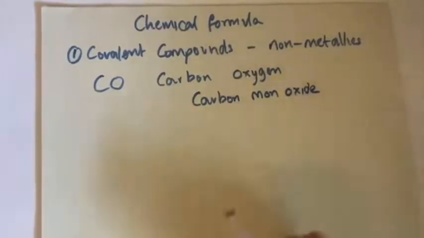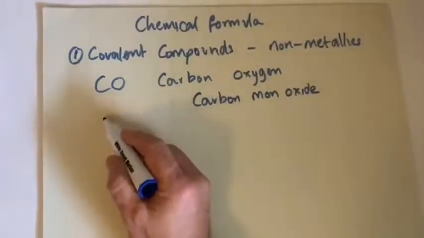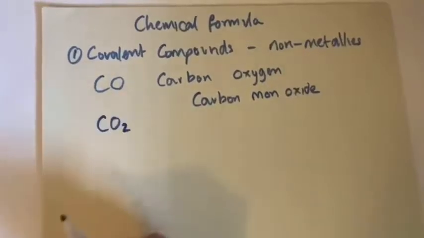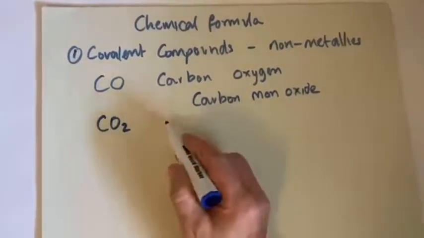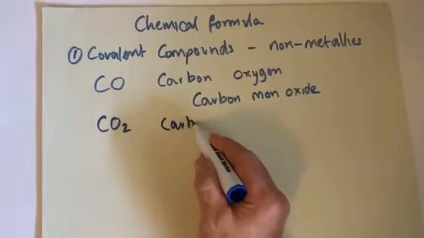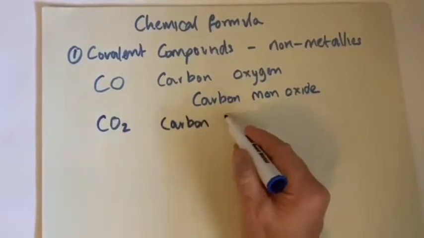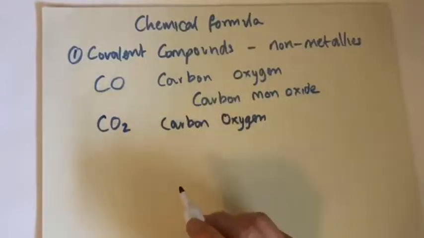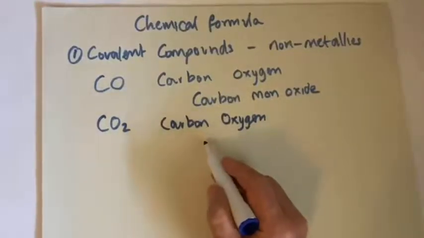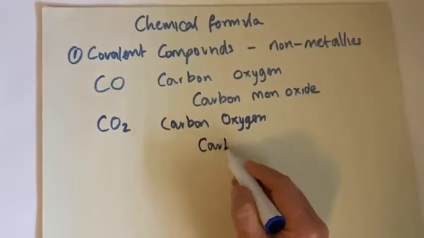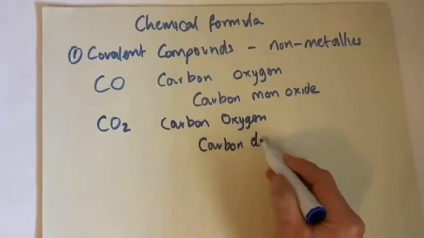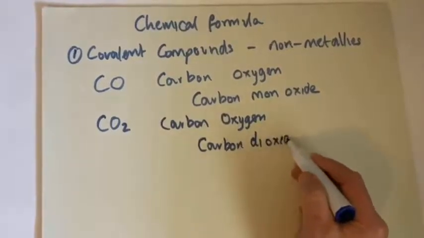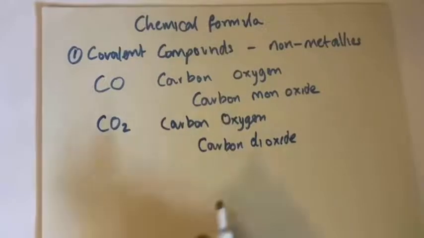The mon means one. If we've got CO2, same idea, we've got carbon, we have oxygen, but this time with two of them. So the formula is carbon dioxide. The di meaning two.